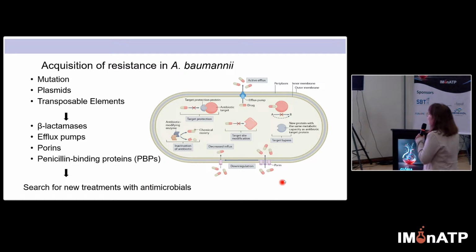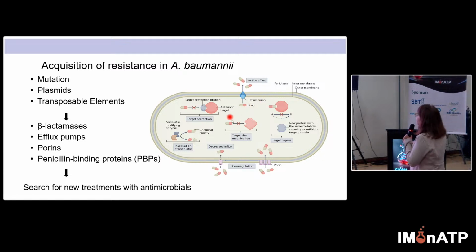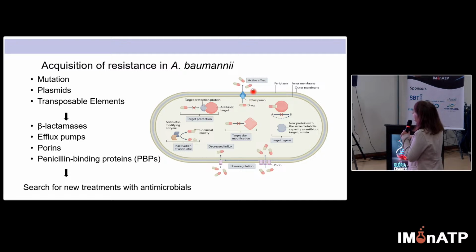Here we are looking at general ways to get resistance. I think the most important is the efflux pump, or change in the target by mutation or modification of the site where the drug binds, or bypassing the target, creating a new protein that can do the same function as the inhibited one, or inactivation of the antibiotic.